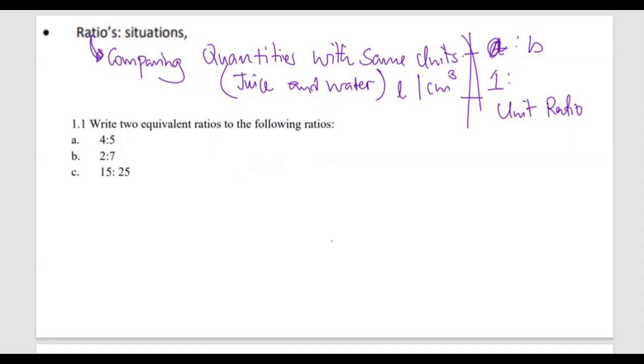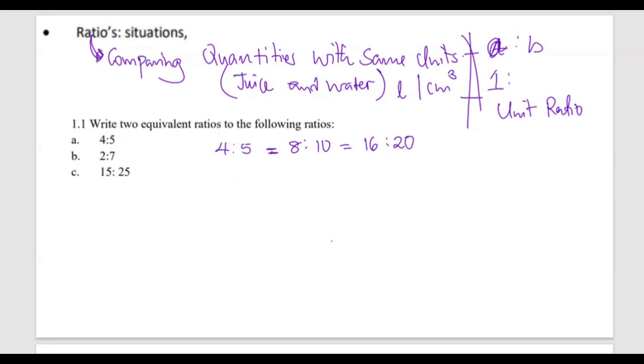Write 2 equivalent ratios to the following ratios. So now we have 4 is to 5. You can decide to multiply them, which will become 4 is to 5. It's the same as 8 is to 10, which is the same as 16 is to 20.